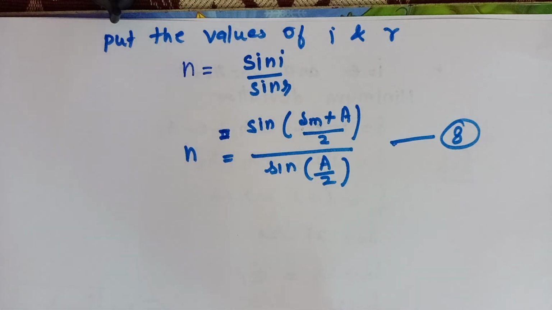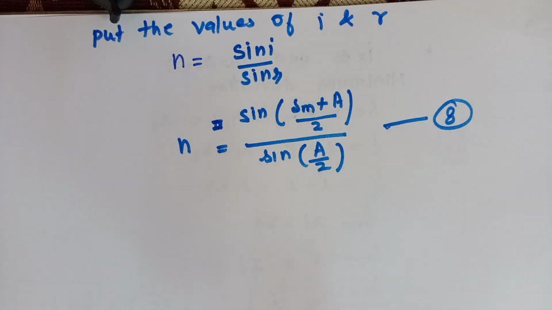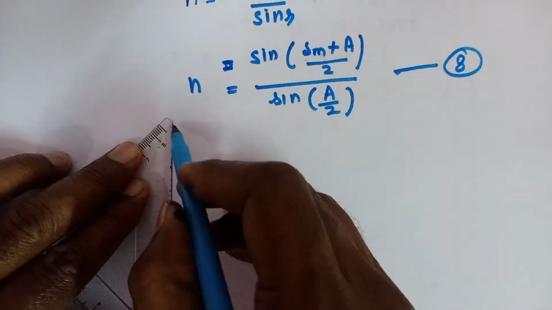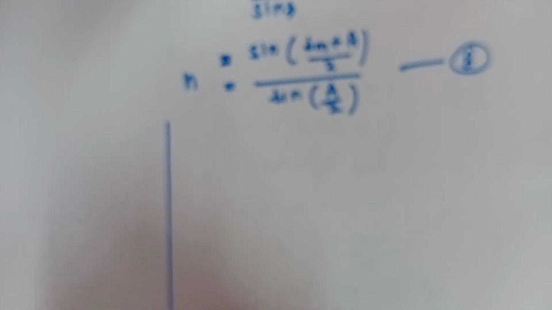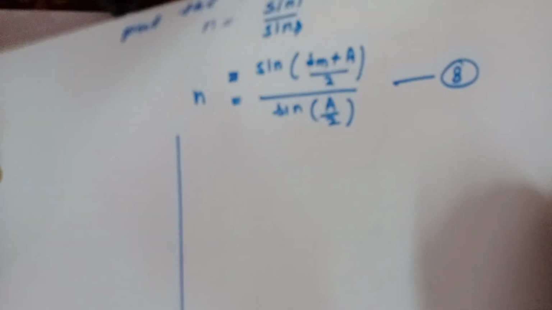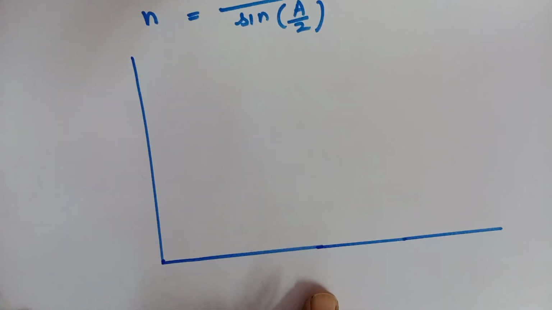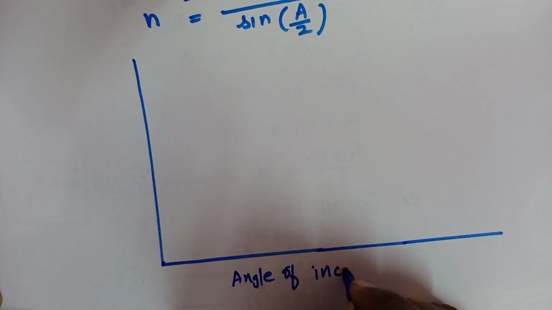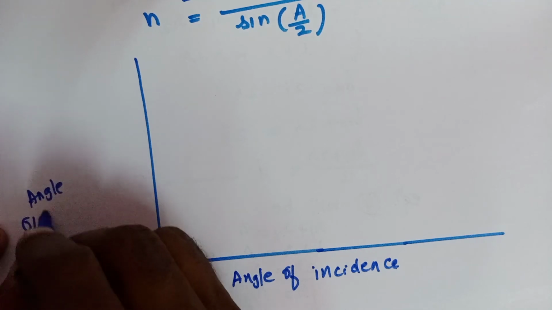It is observed that if we plot a graph between I and delta, the graph will be like this. On this axis we take delta, here we take I. So when we plot a graph of I versus delta, here we write angle of incidence, and here angle of deviation.